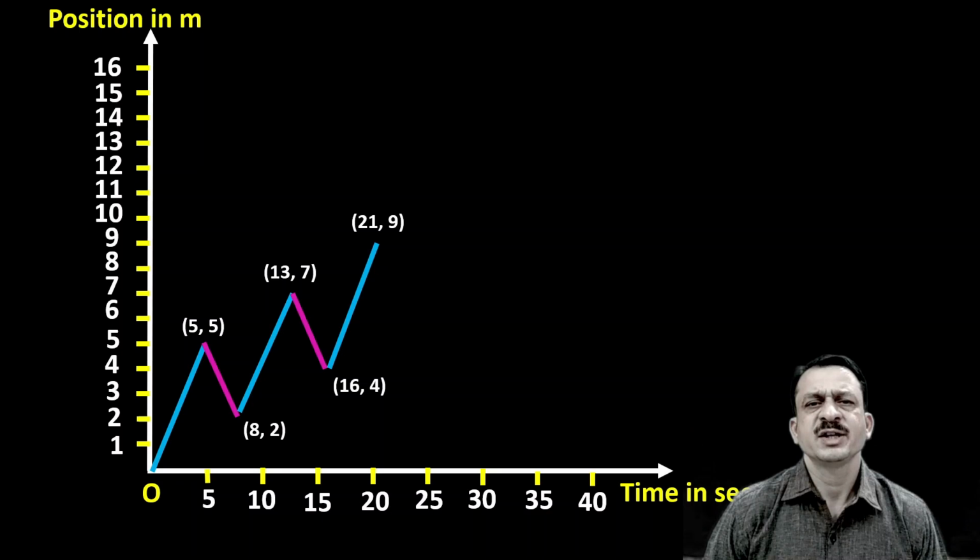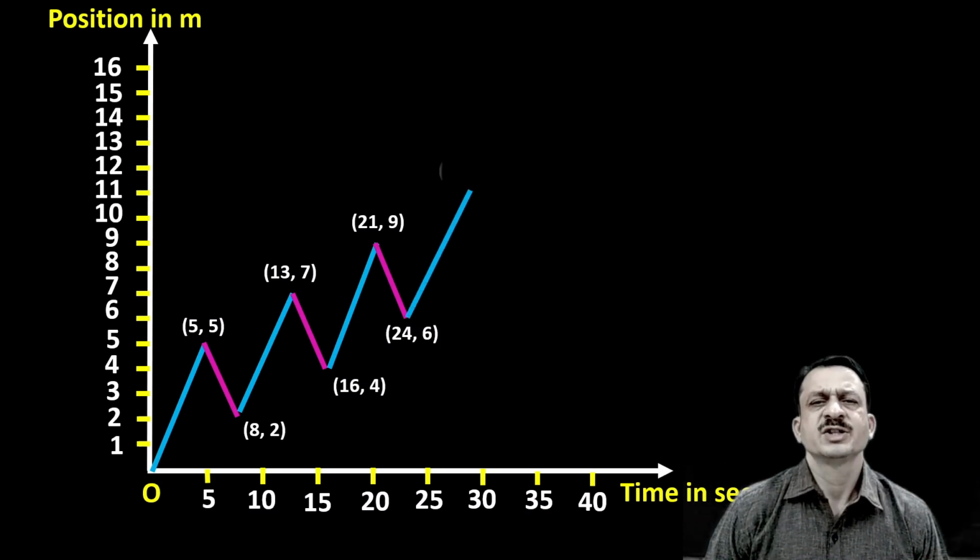Now at that point he is stepping backward with 3 steps. So time is 21 plus 3, it is 24, and the position is 9 minus 3 because he is moving backward, that is 6. Now from that position he is moving forward 5 steps.